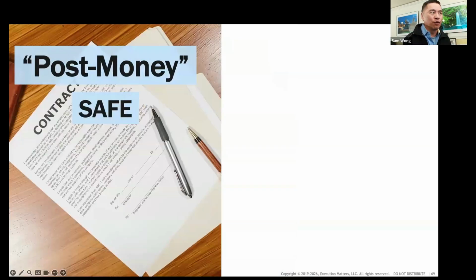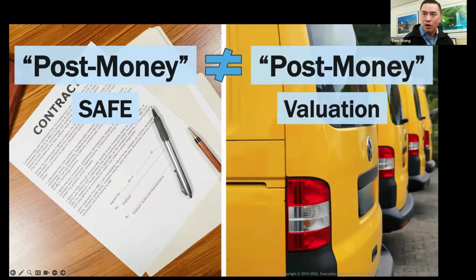Unfortunately, most people get confused with the terms pre and post money. There is a post-money safe, and unfortunately, the post-money safe has no correlation with post-money valuation. People get them confused, thinking they're the same thing. They're not.